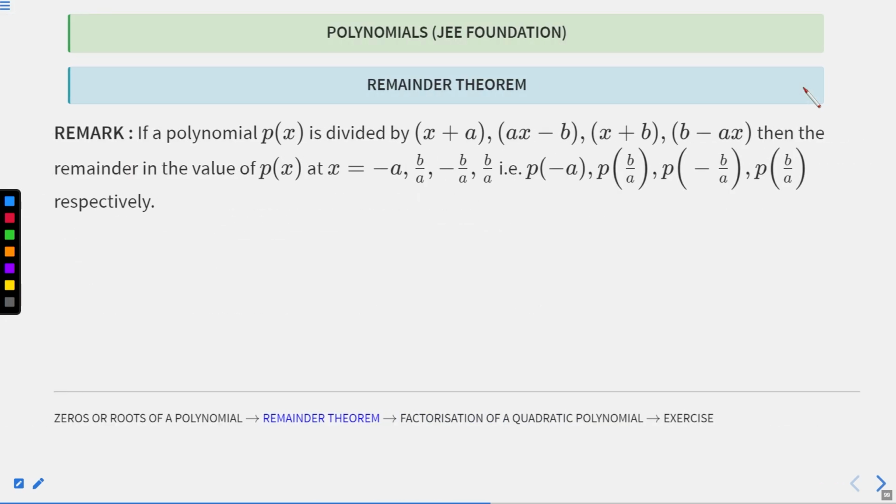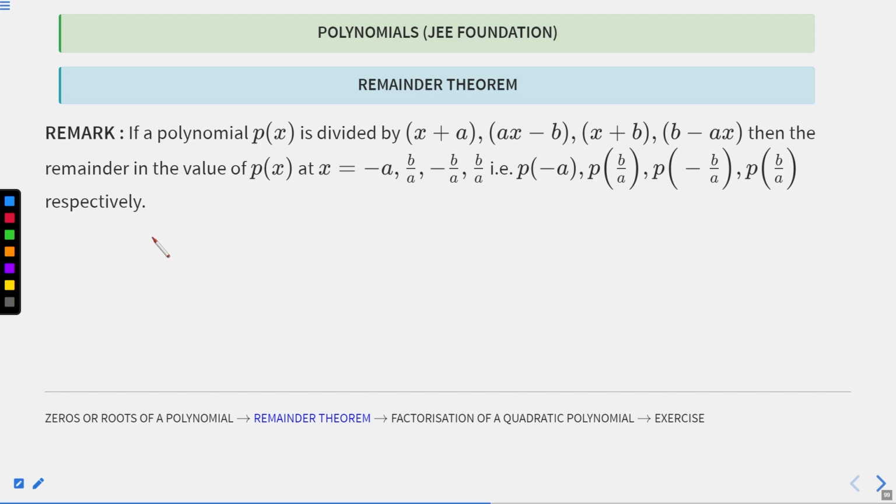Let's see a remark. If polynomial Px is divided by x plus a, then what if the polynomial is divided by a different divisor? This divisor is different: divisor 1, divisor 2, divisor 3, divisor 4.